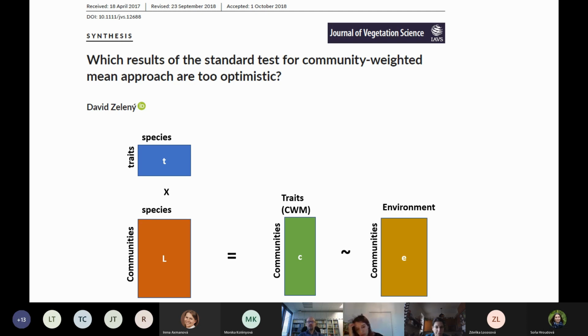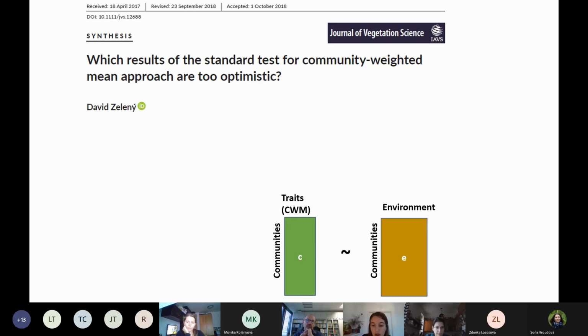And when you want to relate these things, you only compare these 2 matrices. You completely ignore everything that happened before, how this was calculated. So if you want to test traits, the traits were inputted here, and this matrix was generated.